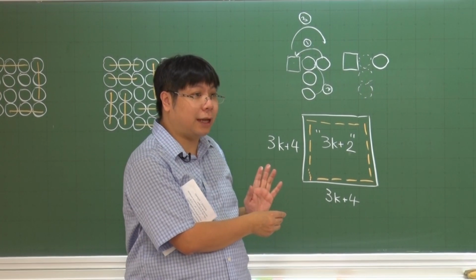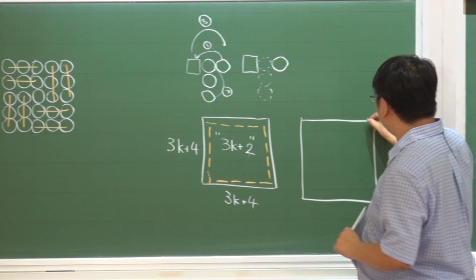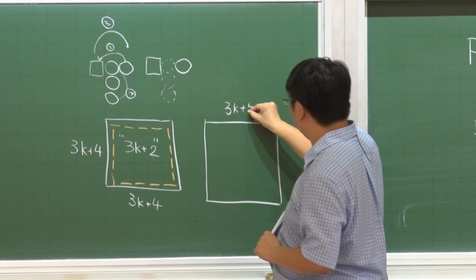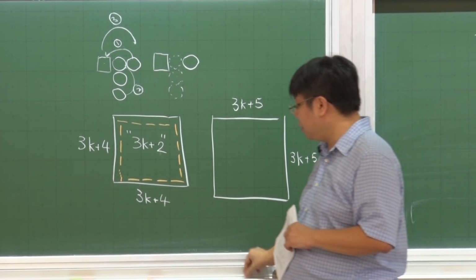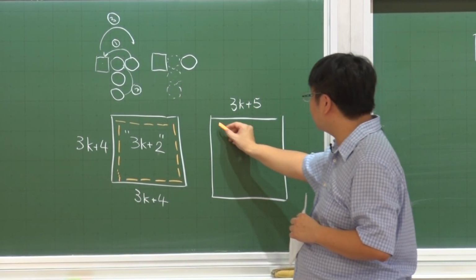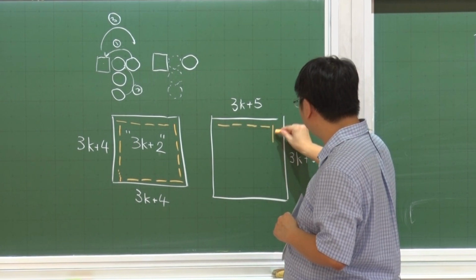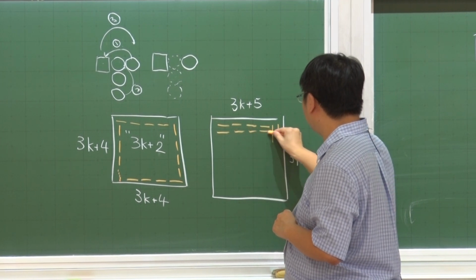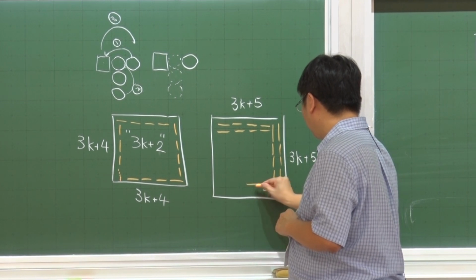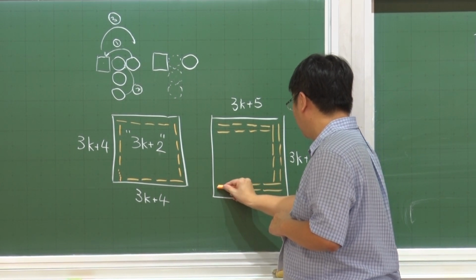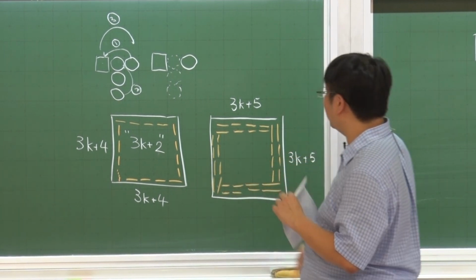So is that okay? And similarly, if we have a case that has 3k plus 5 times 3k plus 5, then what we are going to do is, because it is a multiple of 3 plus 2, we have 3, 3, 3, 3, and then there are going to be 2 left here. 1, 2, 3, 3, 3, 3, 3, 3, 3, and then we have 3, 3, 3, 3, and then we have something like this.